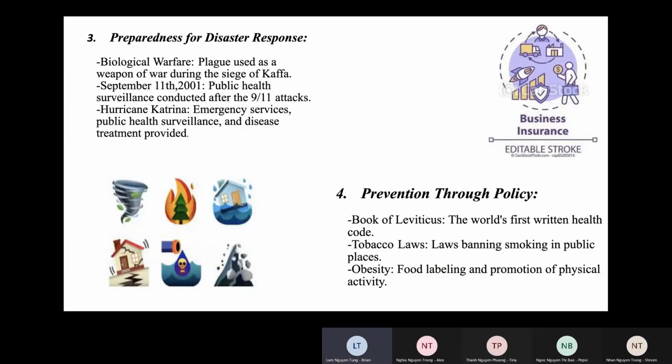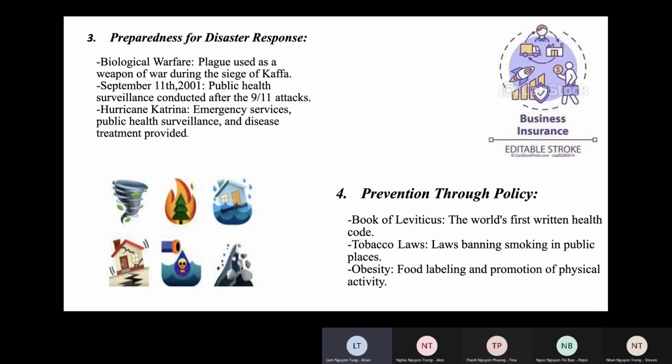One of the earliest accounts is the use of plague as a weapon of war during the siege of Kaffa in the 14th century AD. The public health community is prepared to distribute life-saving pharmaceuticals, medical supplies, and equipment to locations across the country and even around the world.